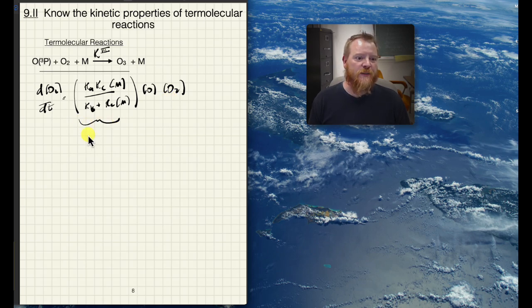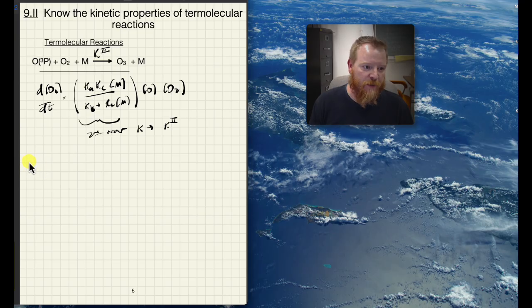So this looks like a second order K, and I'm going to denote that as K2 for second order. Now we'll play the same game where we look at this in the high pressure limit and in the low pressure limit.